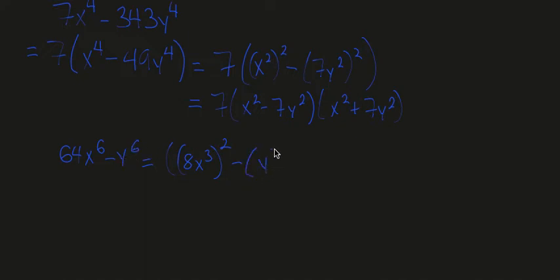That's going to be y to the power of 3. 64x to the power of 6 minus y to the power of 6 is going to break down into 8x cubed minus y cubed times 8x cubed plus y cubed.